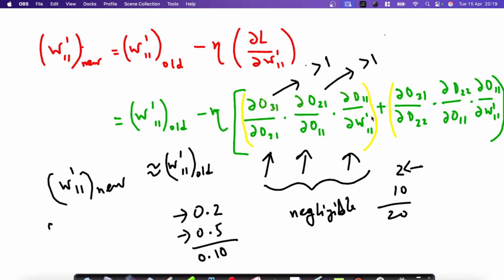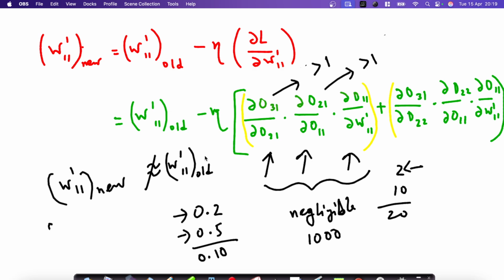Let us say this result is close to 1000. Now if we subtract this from the old W, we'll get a new W which is very different from the old W, right? So that is the problem.